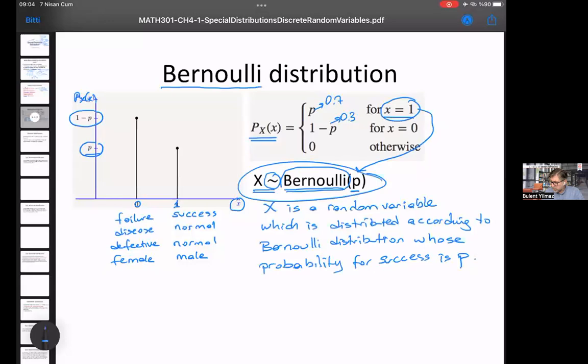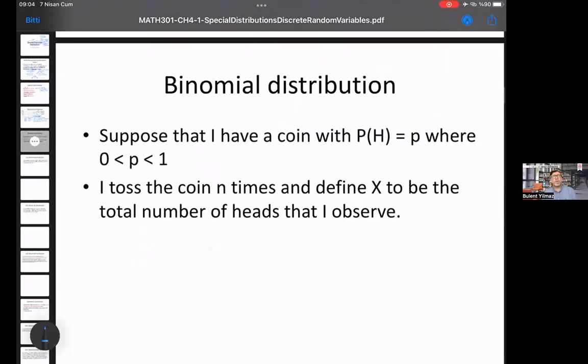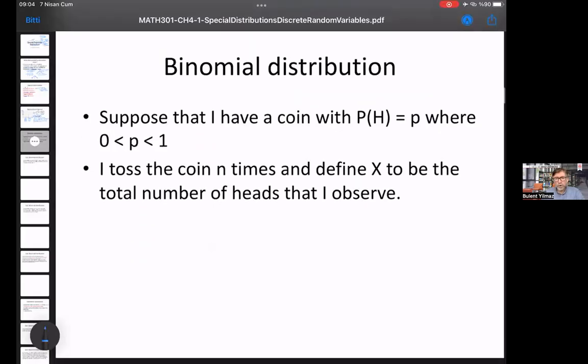Okay, so let's move on to the binomial distribution, because in Bernoulli distribution we have this concept, but now we're going to build the binomial distribution on top of it. For the binomial distribution I have a coin whose probability is P, and it is between 0 and 1. I toss the coin n times and define X to be the total number of heads that I observe. You remember we did this, right?